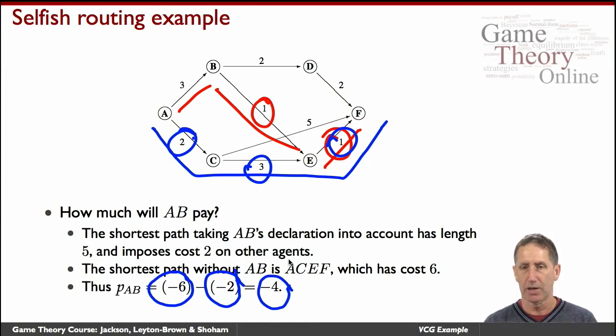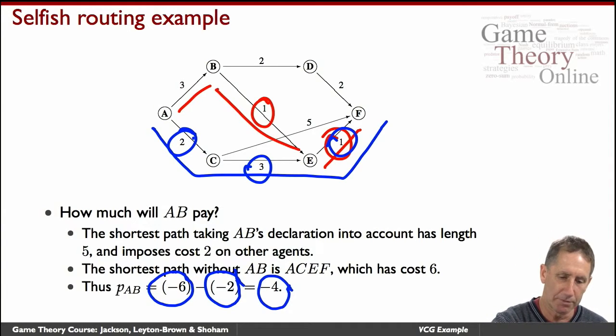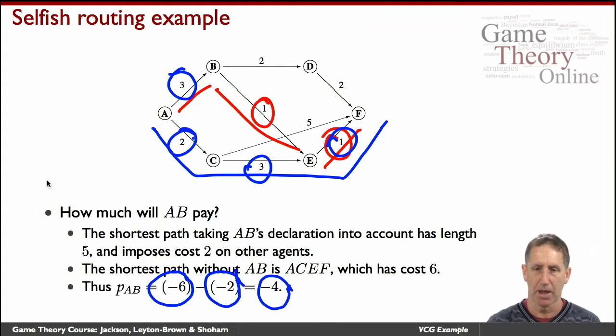So the cost to AB is minus 4. In other words, AB will get a payment of 4, making, if you wish, a profit of 1, because their cost is 3, they'll get a payment of 4, and they'll have a benefit of 1. So this is for AB.